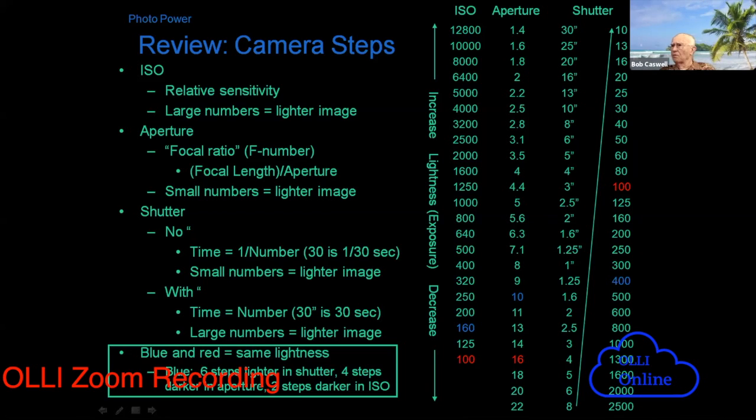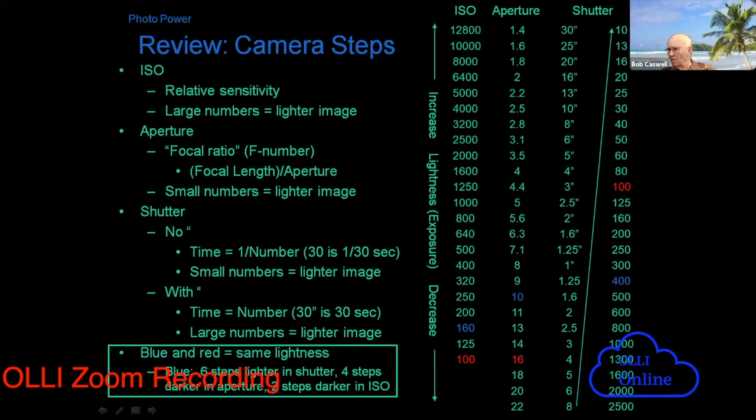These are the actual values that virtually all cameras have, and the step between them for every one of these parameters is 1/3 of a stop. A stop is a factor of 2. And so going 3 steps will double the exposure or cut it in half, depending on whether you go up or down. You can see that most clearly in the shutter speed world.